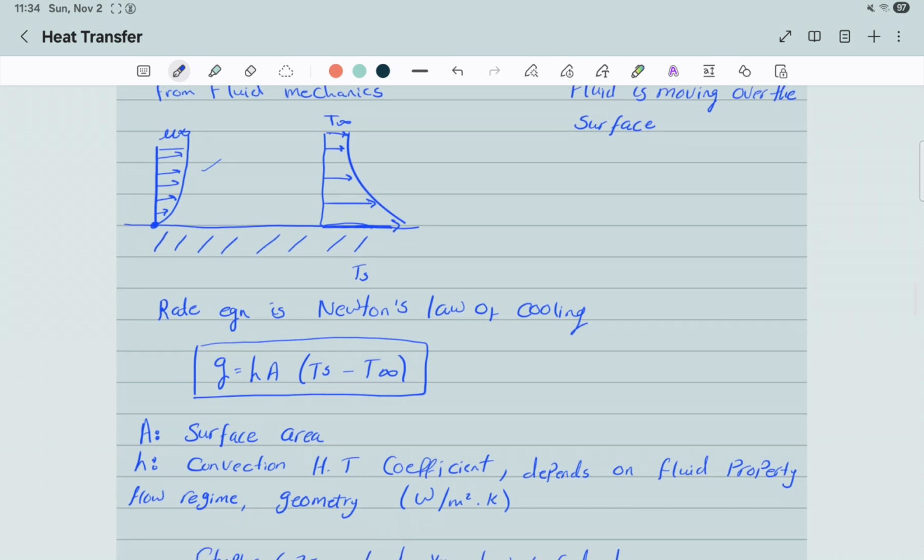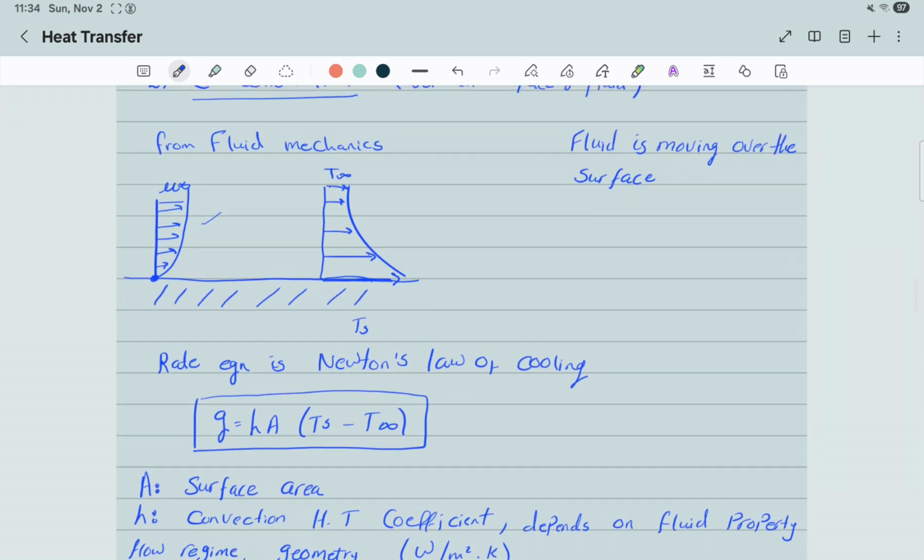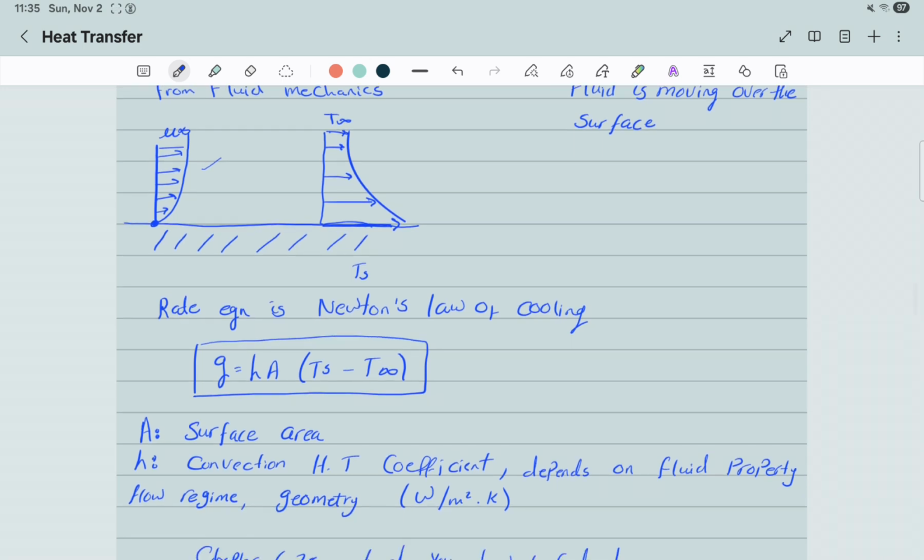The equation used in convection is Newton's law of cooling, which states that heat rate equals H times A times (Ts minus T infinity), A being the surface area, where H is the convection heat transfer coefficient, which depends on the fluid property, the geometry, and the flow regime.